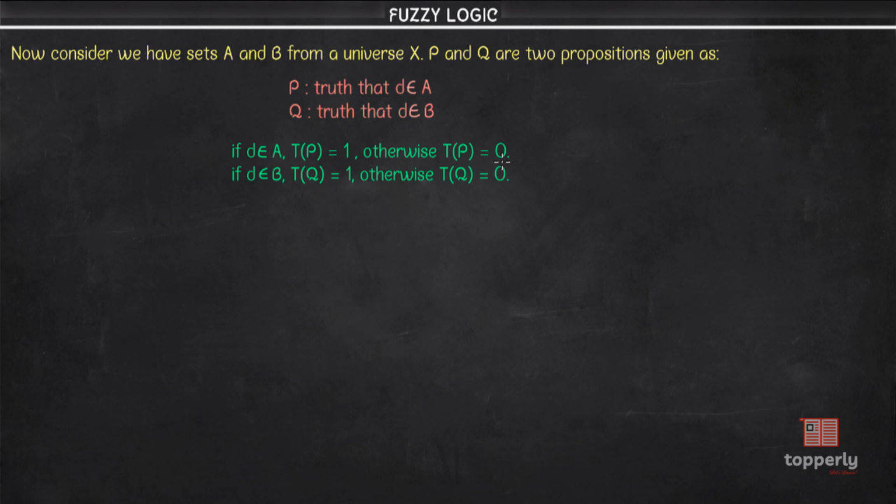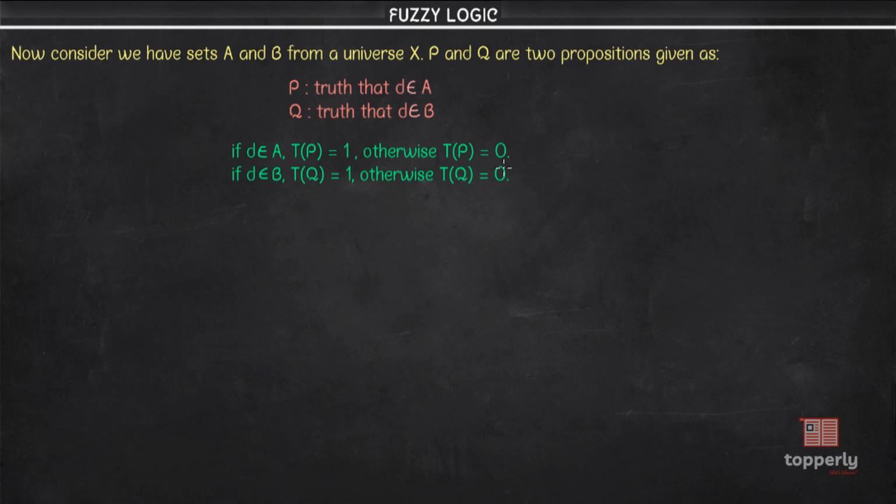Similarly, if D belongs to set B, then the truth of proposition Q is taken as 1, otherwise it is taken as 0. Because as we have seen earlier, 1 represents the truth value and 0 represents the false value.